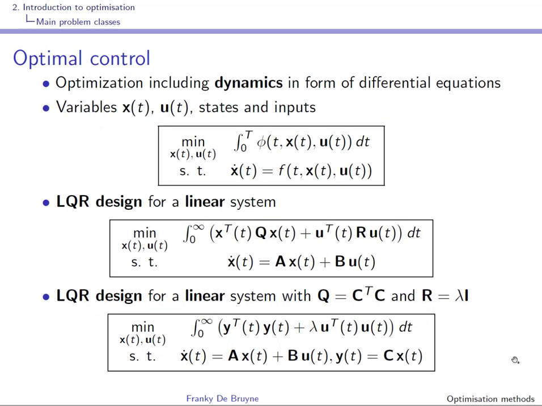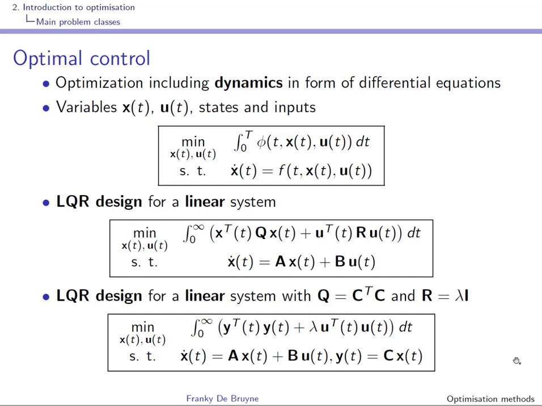In the course of state space control methods in the teaching unit Advanced Control 1, we have looked at optimal control. This type of problem can be written in the general nonlinear case, where a cost function is minimized given a state space description of the process, and this state space description acts as a constraint.